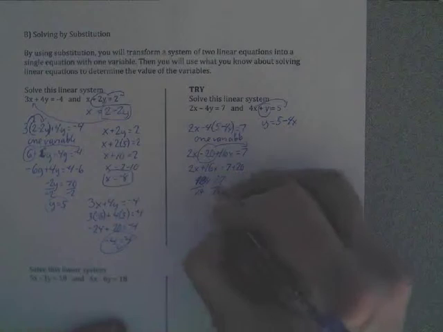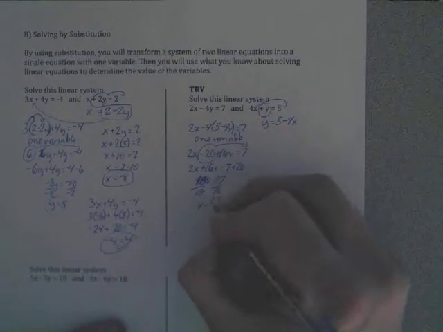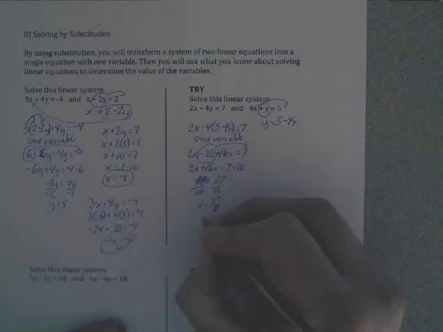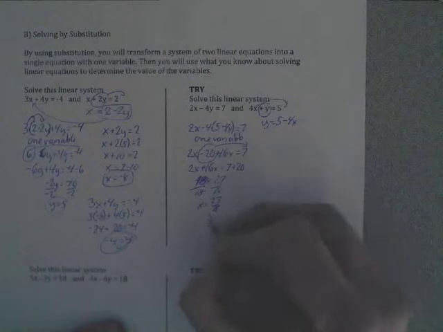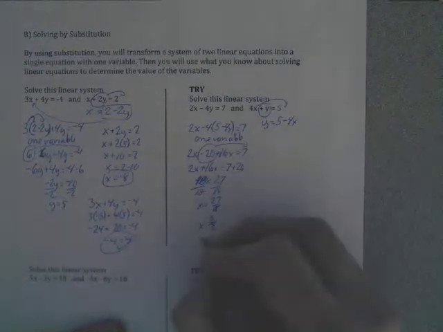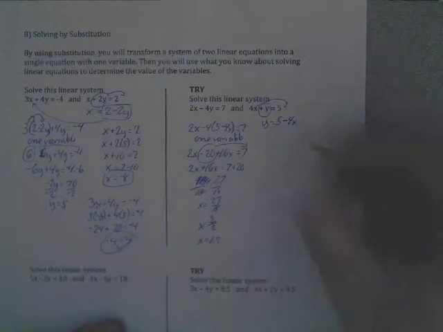Divide by 18, divide by 18, x is equal to 27 over 18, reduces: 9 goes in there 3 times, 9 goes in there 2 times, so x is equal to 3 over 2, which is x is equal to 1.5.